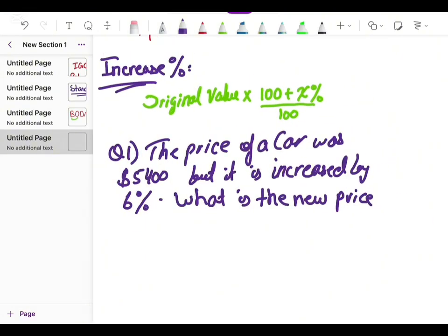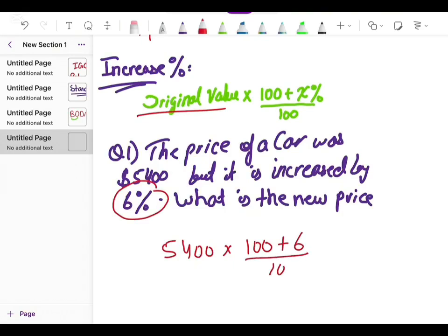So original value, first we have to write the original value, that is $5,400 multiply by 100 plus x%, meaning how many percent increase? 6%. So I will write 6 and divide by 100. You don't need to divide by 100 separately, because already in the formula we have divided by 100, so no need for this thing. So now this will be cancelled out.